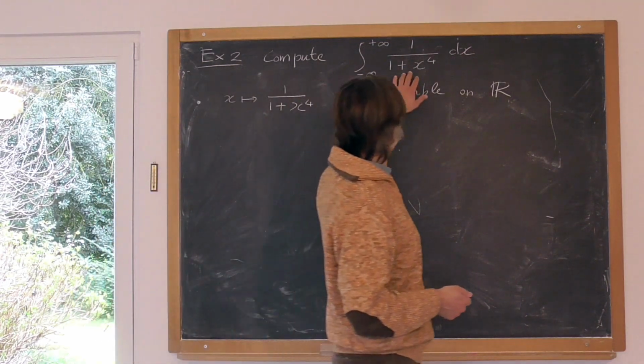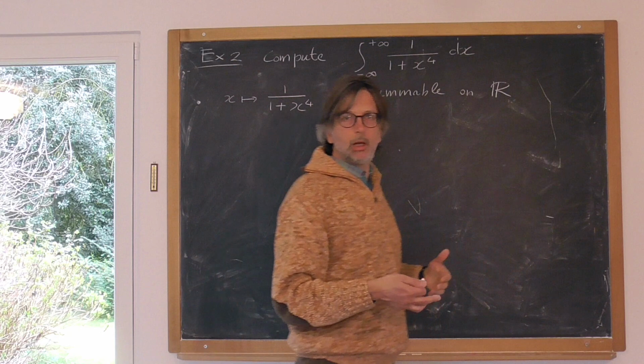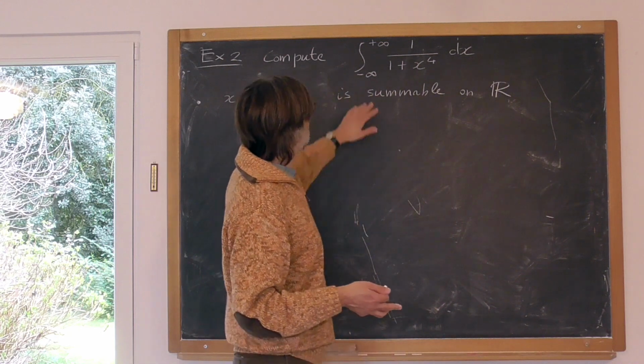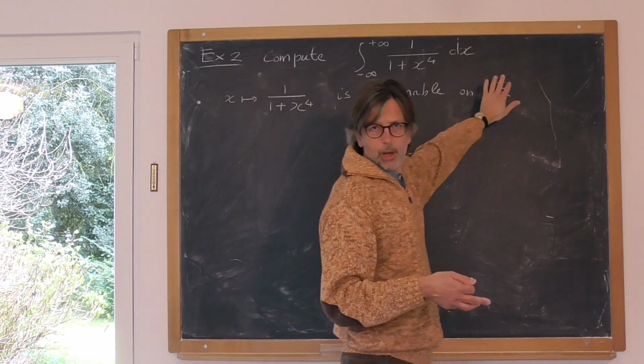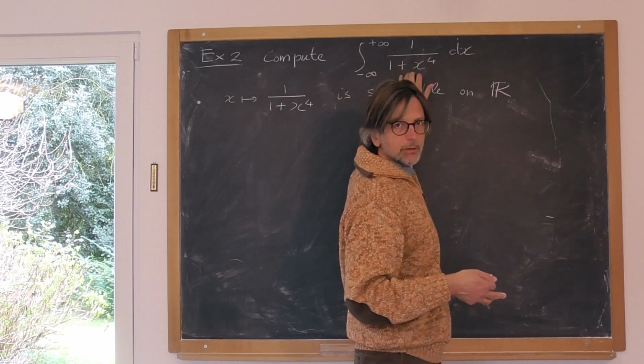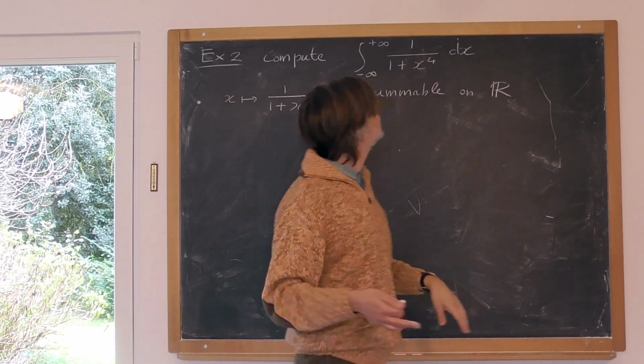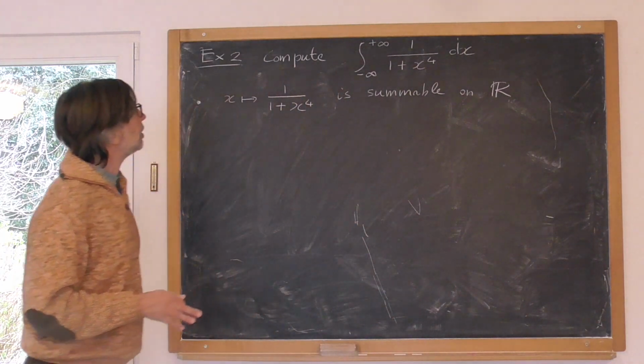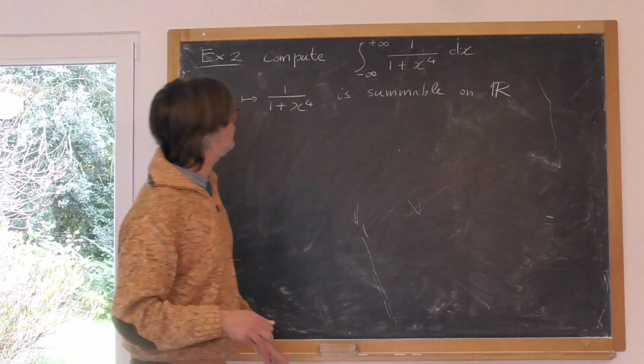But here, by using the residue theorem, computing integrals over the whole real line does not require actually finding a primitive of this function. We will get the result also without finding this primitive.